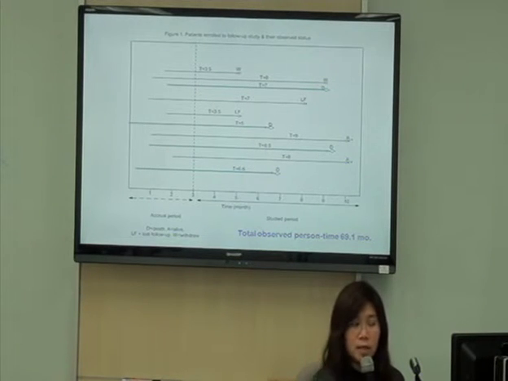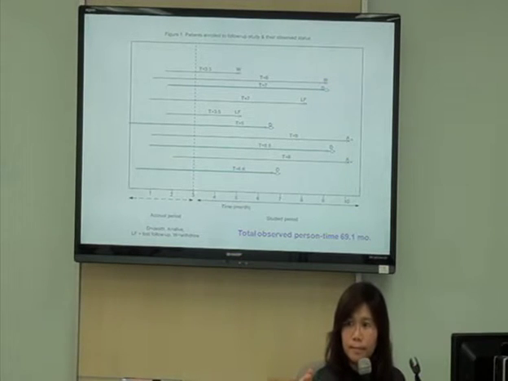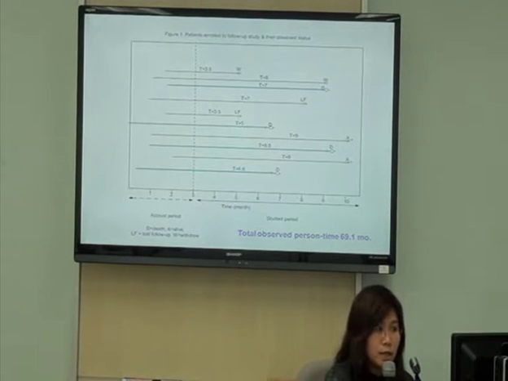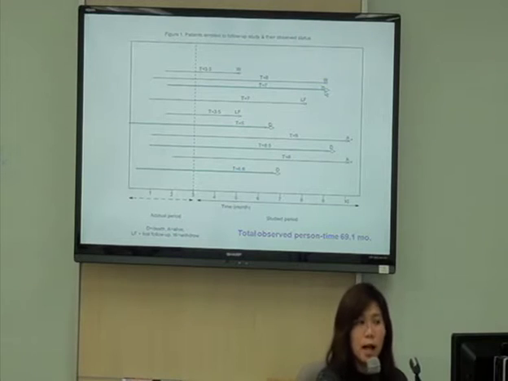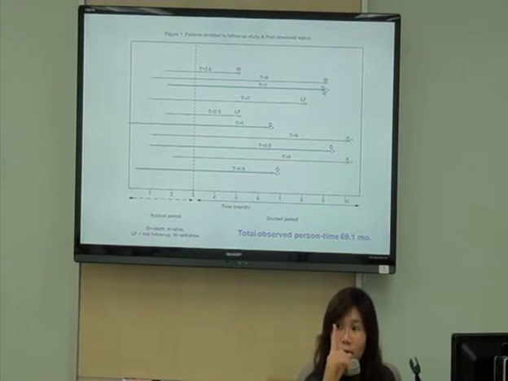So that's why we still count as censored. But for this subject who developed death, it means that during 7 months of follow-up, they developed death. Now it's 1. The code is 1 because it's not censored.